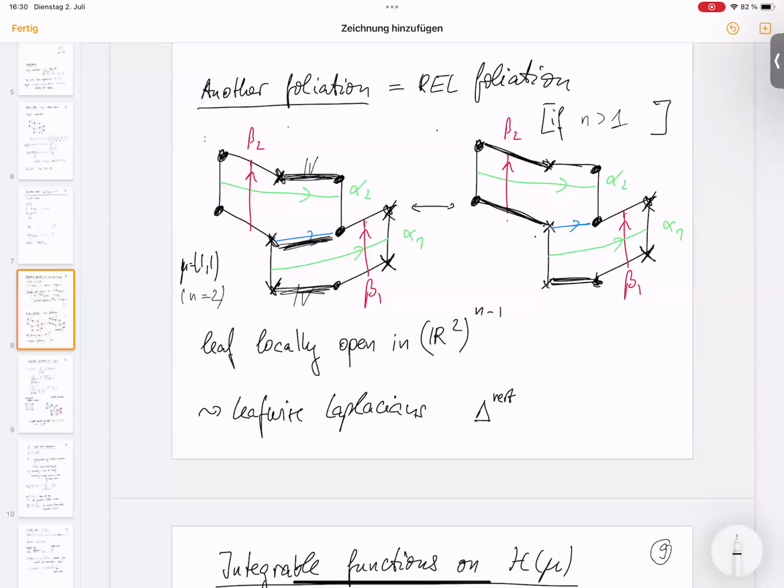And that gives another foliation, another Laplace operator, which is actually locally a Euclidean Laplace operator. I'm just writing delta vert for vertical Laplacian. We'll see the reason for that in a minute. In general, there are several of them. In all the examples I will consider in that talk, there's only one of them.